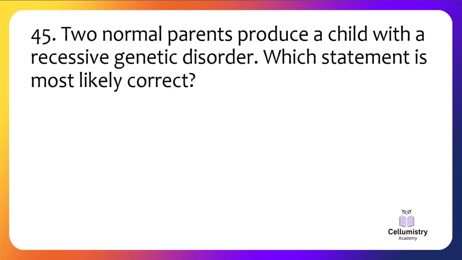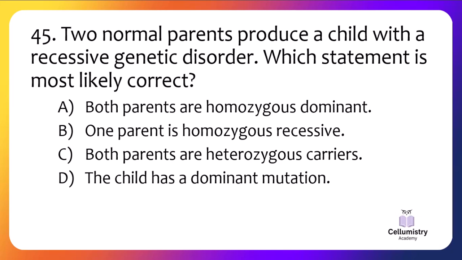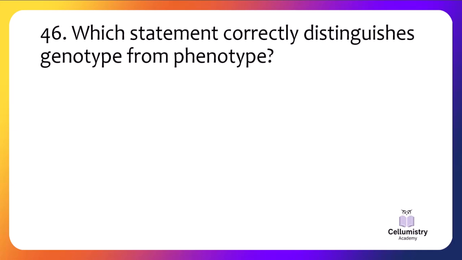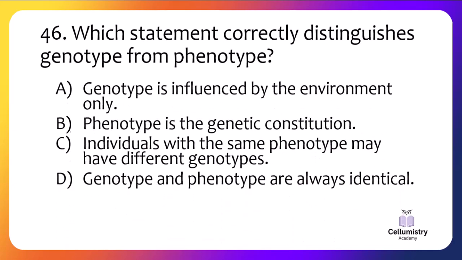Two normal parents produce a child with a recessive genetic disorder. Which statement is most likely correct? Answer is C. Both parents are heterozygous carriers. Which statement correctly distinguishes genotype from phenotype? Answer is C. Individuals with same phenotype may have different genotypes.